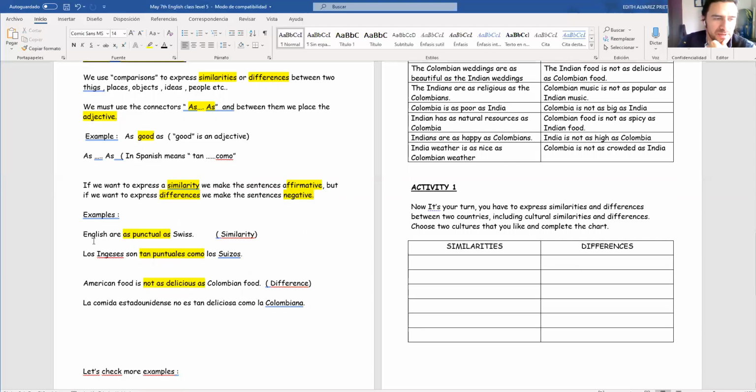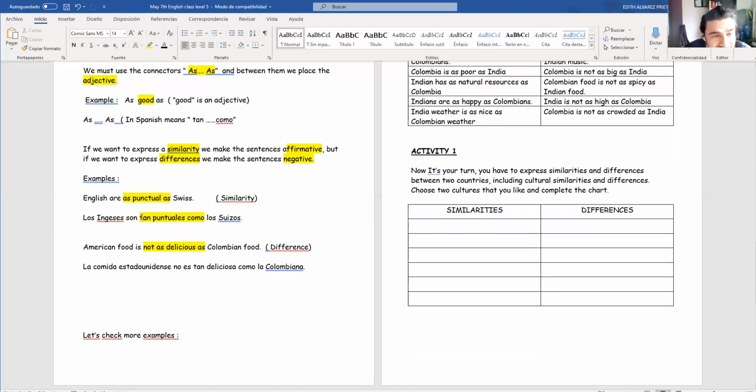So, example, English are as punctual as Swiss, ¿no? Una similitud porque la oración es afirmativa, ¿no? Ahora sí ya se entiende más. Los ingleses, English people, son, are, el verbo to be, son. So aquí sí viene mi traducción, tan, esta que les dije acá, en Spanish, acá está tan.